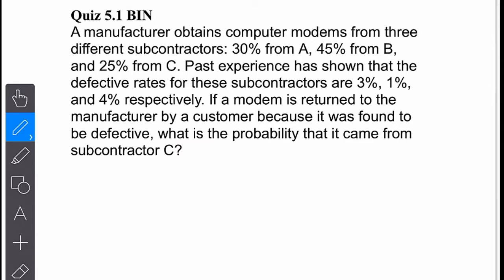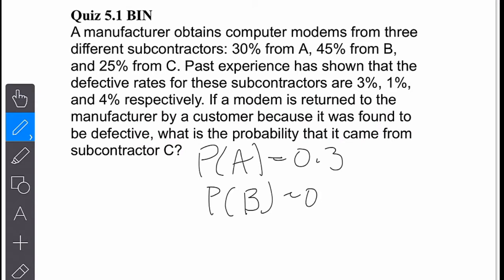So let's set up what we have. So the probability that it's from A is 0.3. The probability that it's from B is 0.45. And the probability it's from C is 0.25.